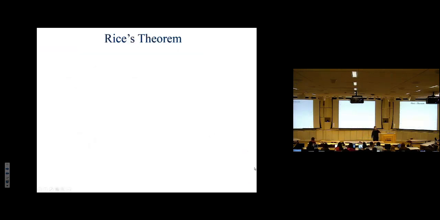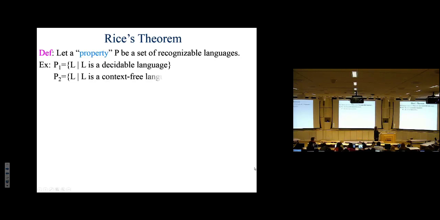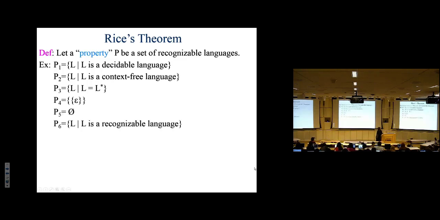All right, Rice's theorem. With all that we build up, this really better be good, right? Okay, so we're about to prove that not only these three examples are undecidable, almost anything you can imagine is undecidable too, which is a pretty pessimistic situation. All right, so define a property of languages, of recognizable languages, simply to be a set of those languages. So P1 is the set here in this example of all decidable languages.